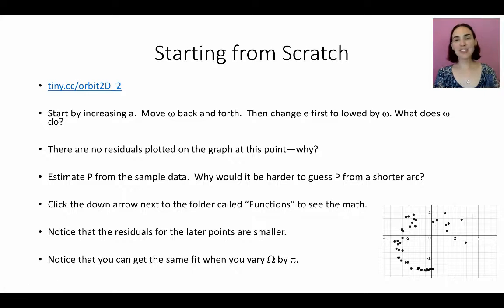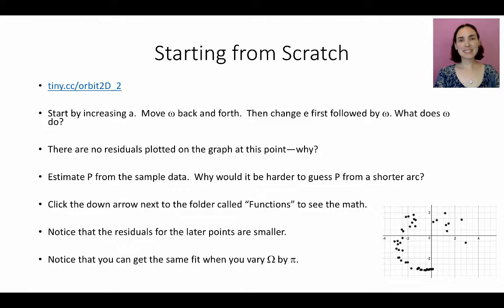And you can imagine it'll be a lot harder to guess the period if your arc is shorter, because we know from Kepler's second law that it's going at different speeds over the course of its orbit. So you really need a sizable chunk of the orbit before you can get a reasonable estimate of P from the sample data. A lot of math went into this, and you can see it. It's all there if you click the down arrow next to the functions folder.